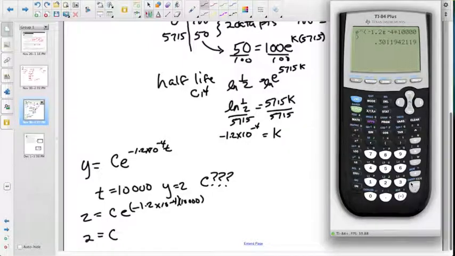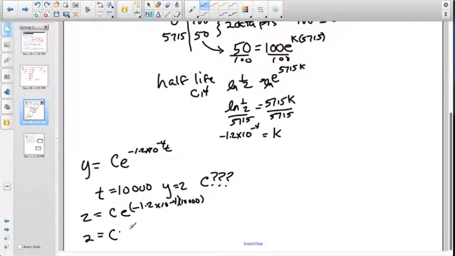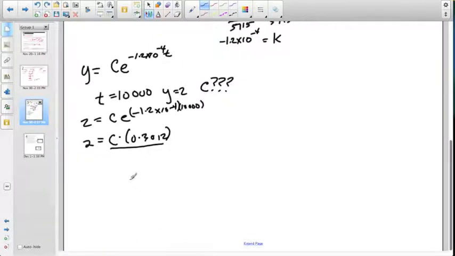Okay, so that is 0.3012, so this would be times 0.3012, and if we divide each side by 0.3012, then we can find that initial value.